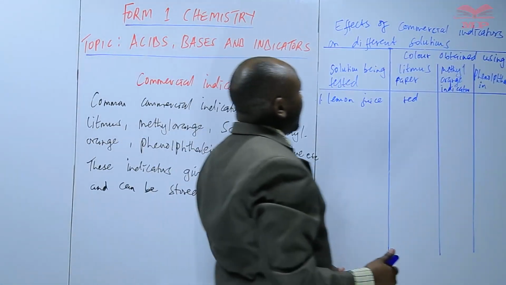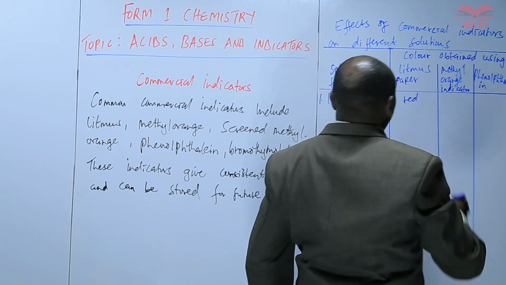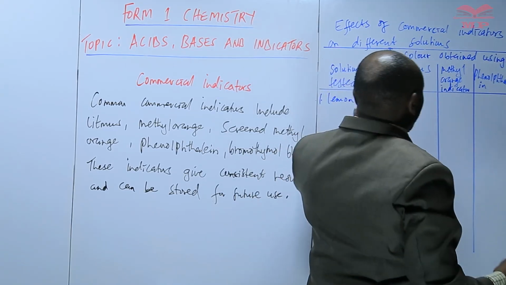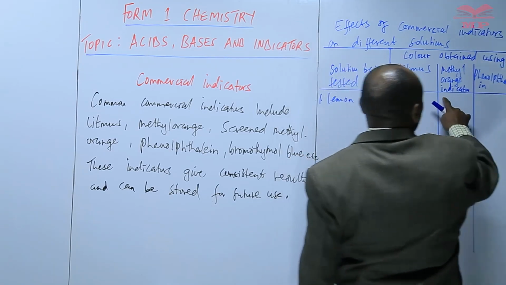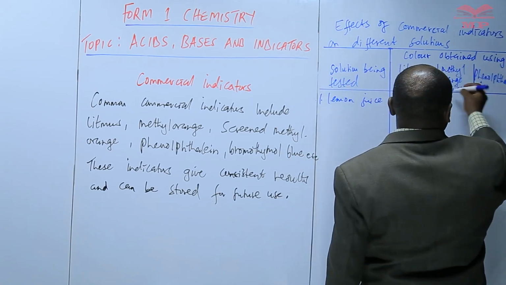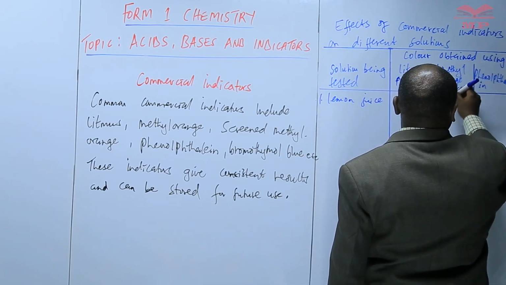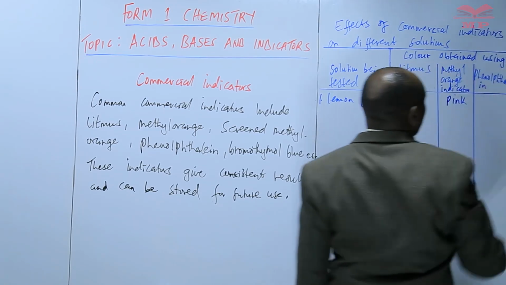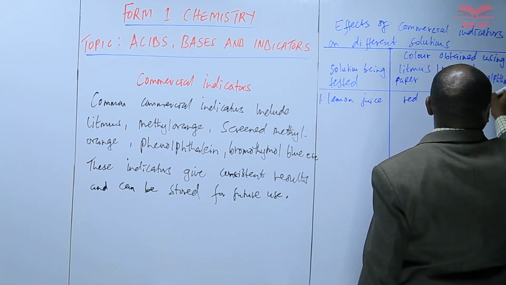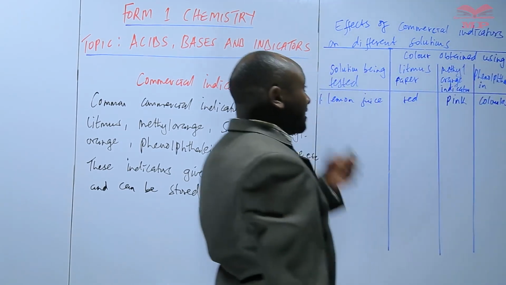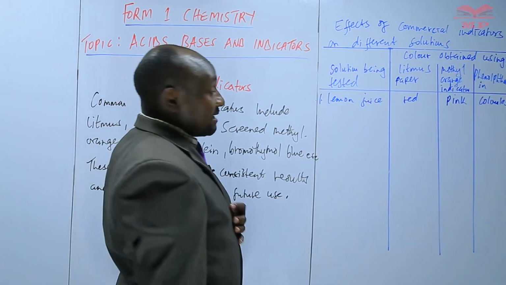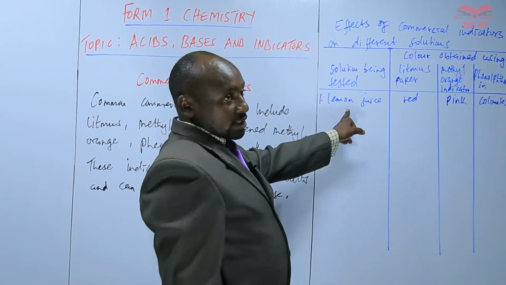So when using litmus paper, the color obtained is red with lemon juice. When you use methyl orange, the color is pink. When you use phenolphthalein, it's colorless. So you can see that different indicators give us different colors with the same solution.